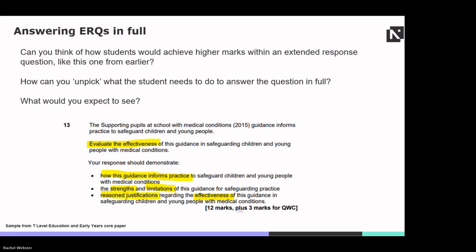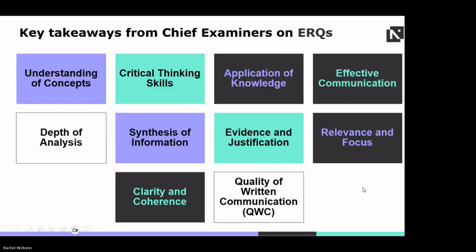So we've worked out what we need to see, but now moving on, what do we think the examiners need to see? So what I've done on this slide for you is I've pulled apart some chief examiners reports, and these are across a range of different qualifications.